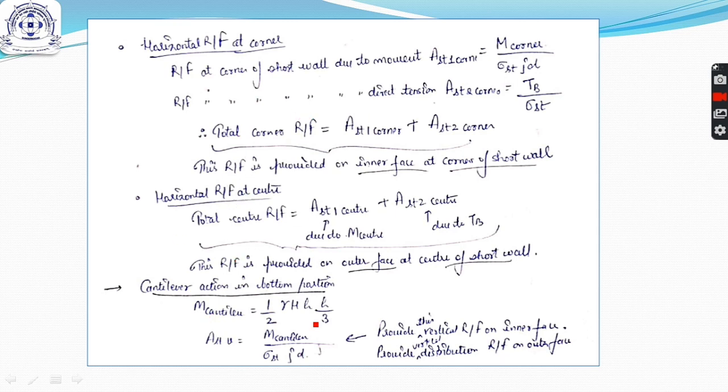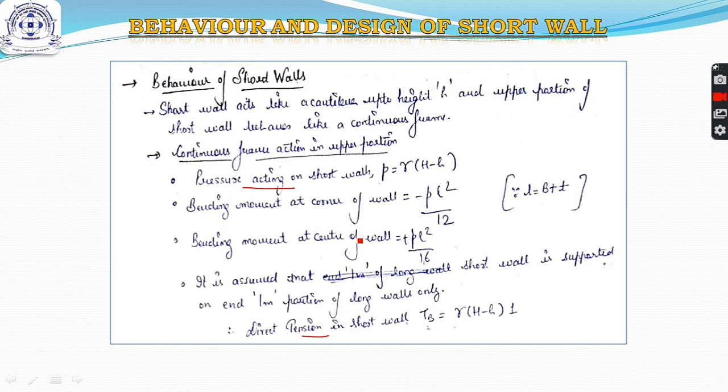So this is almost the same, with the main difference that, as you can see here, we have not used the moment distribution method, because the moment distribution method is used when, I will show here the plan, this is the plan of the rectangular tank. We used the moment distribution method in the previous case because there was some fixed end moment in the short wall near the corner, and there was some fixed end moment in the long wall at the corner, so we had to distribute it at this particular support or corner.